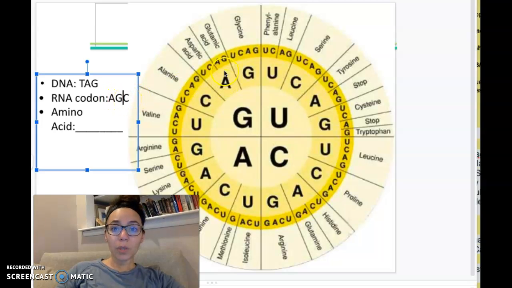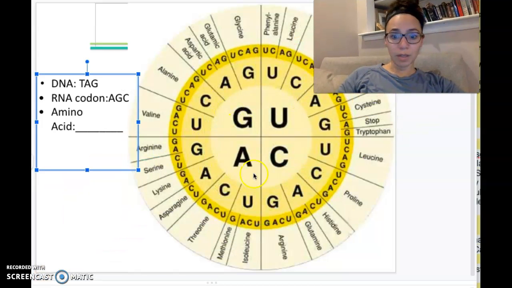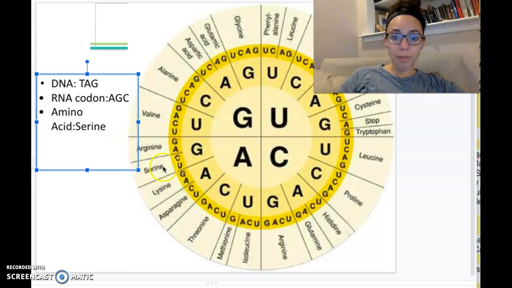So now we use this wheel to figure out which amino acid this codes for. Okay, so we start in the middle with the first letter. So A. So now we're in the A section of this pizza pie here. We're in the A section of this pizza pie. So A, and then go to the G, and then go to the C that connects. So serine is the name of the amino acid that this codon codes for.